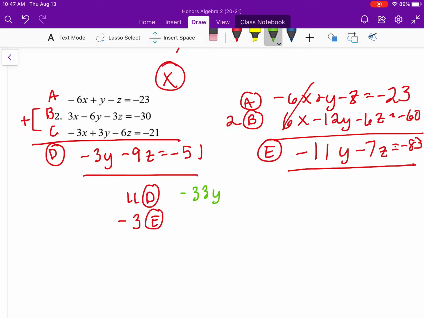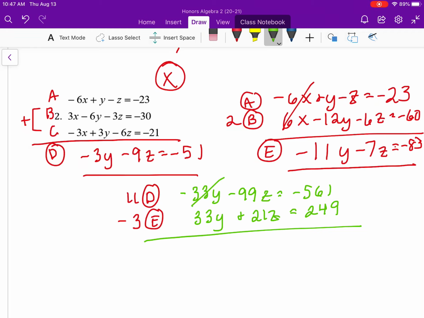11 times all of D will be -33y minus 99z equals -561. And if I take -3 times all of E, I will get 33y plus 21z equals 249. Those will go away.